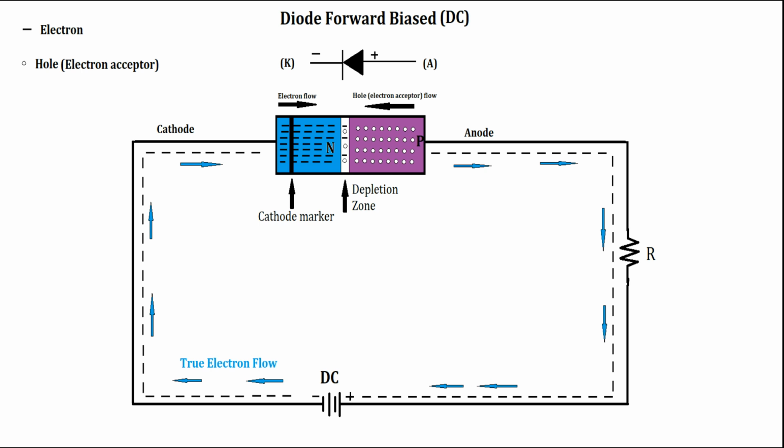But once the voltage reaches a certain point, which is typically 0.7 volts for silicon, and 0.3 volts for germanium, current will start to flow.